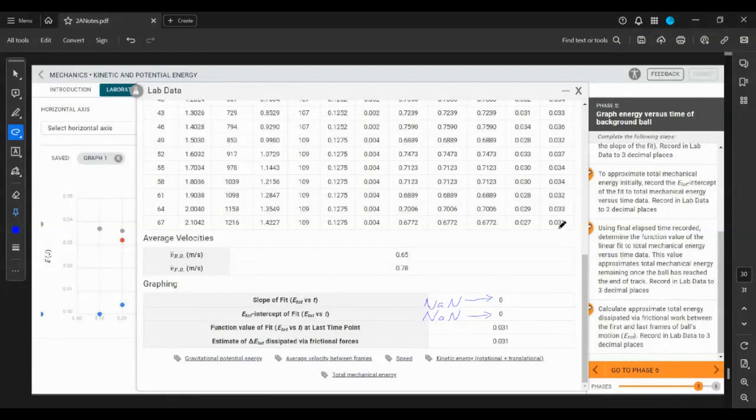Then at the end, we're supposed to look at the final energy here, and then we're supposed to end up with the difference in energy for the last part. But because this is 0, because the graph was broken, then technically we have this number minus 0, which obviously puts the same number back in again. If your graph is working, then you will have actual values here and you will subtract that value.